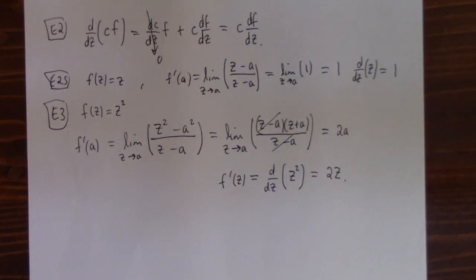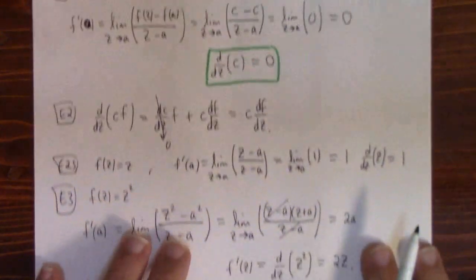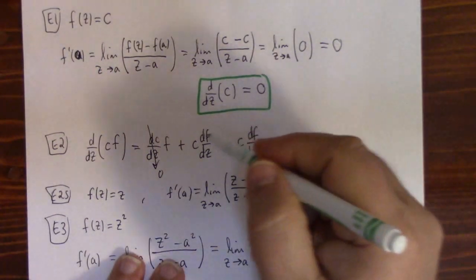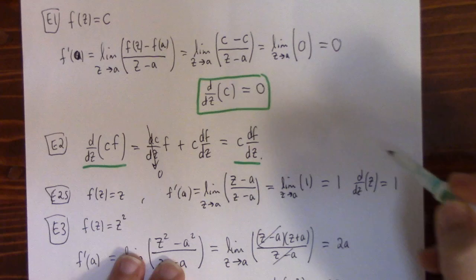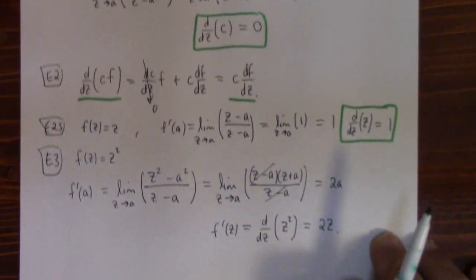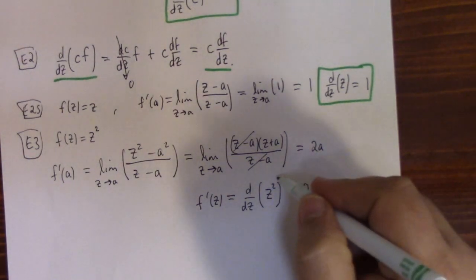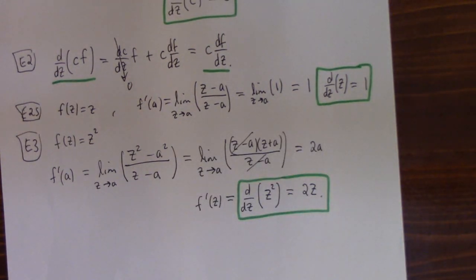Not everything I'm telling you here should be shocking. These are well-known facts: the constant has derivative 0, the derivative of z with respect to z is 1. Hopefully that's not surprising. The derivative of z squared is 2z. Hopefully that's not surprising either.